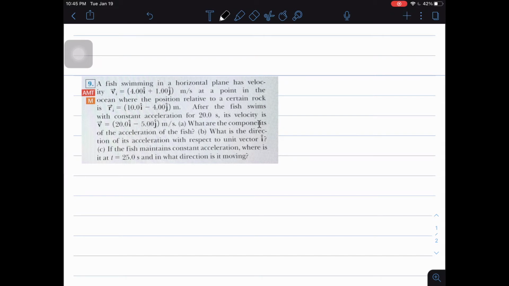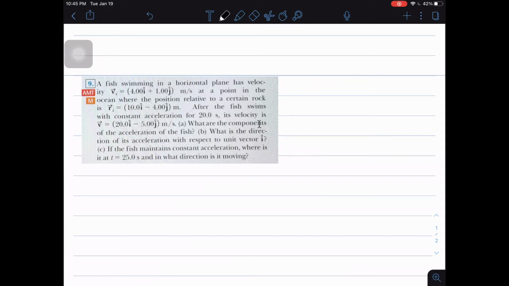A fish swimming in a horizontal plane has velocity given as 4i hat plus 1j hat meters per second. So that's the initial velocity at a point in the ocean where the position relative to a certain rock is 10i hat minus 4j hat meters. So that's the initial position.